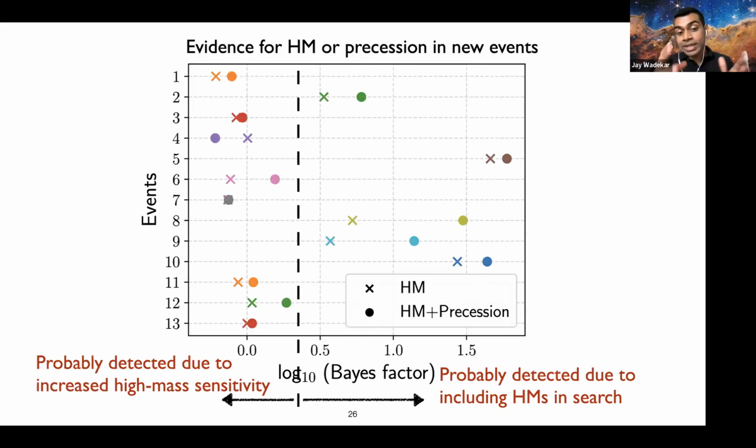So I think you can divide these new detections into two categories. Some of these new events we have found because we included higher modes in the template bank. But there's a fair population of these events that we have found just because we have increased the high mass sensitivity, not because we included higher modes in the pipeline.